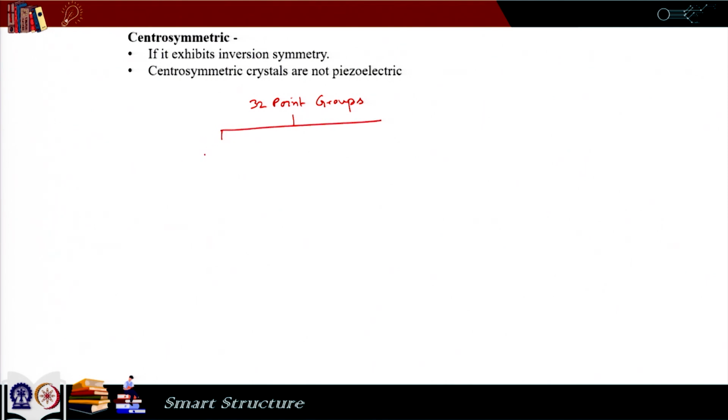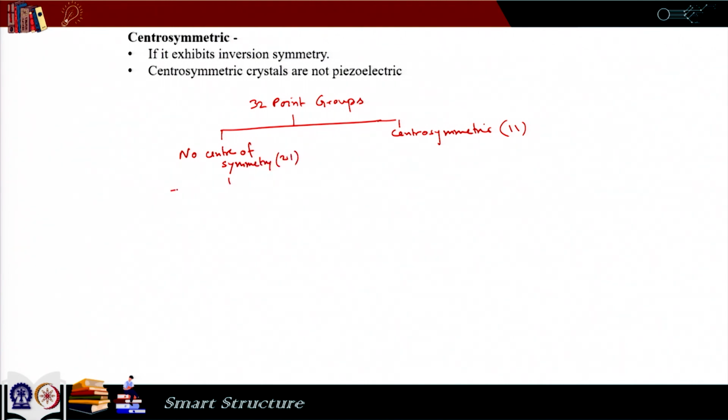So, out of these 32 point groups, we have centrosymmetric, which are 11 in number, and then the rest 21 have no center of symmetry.